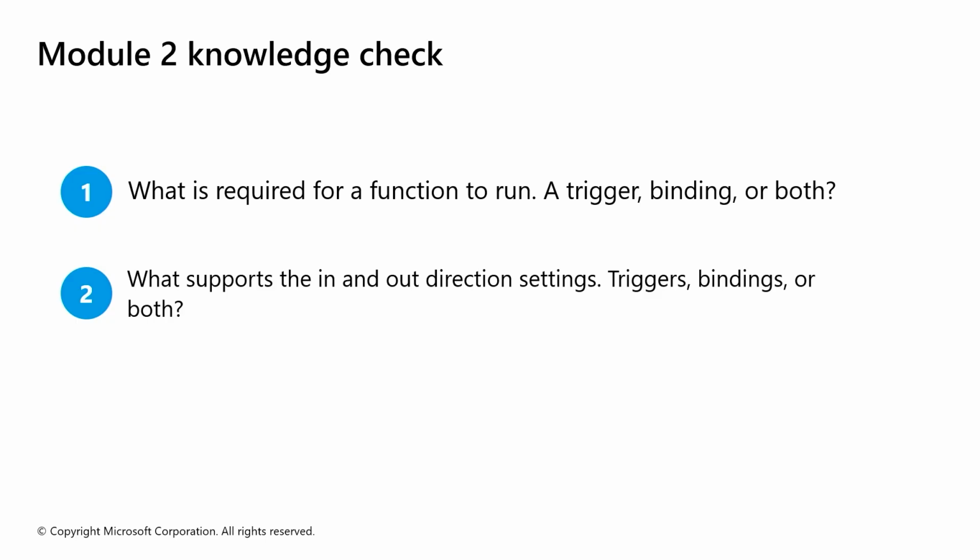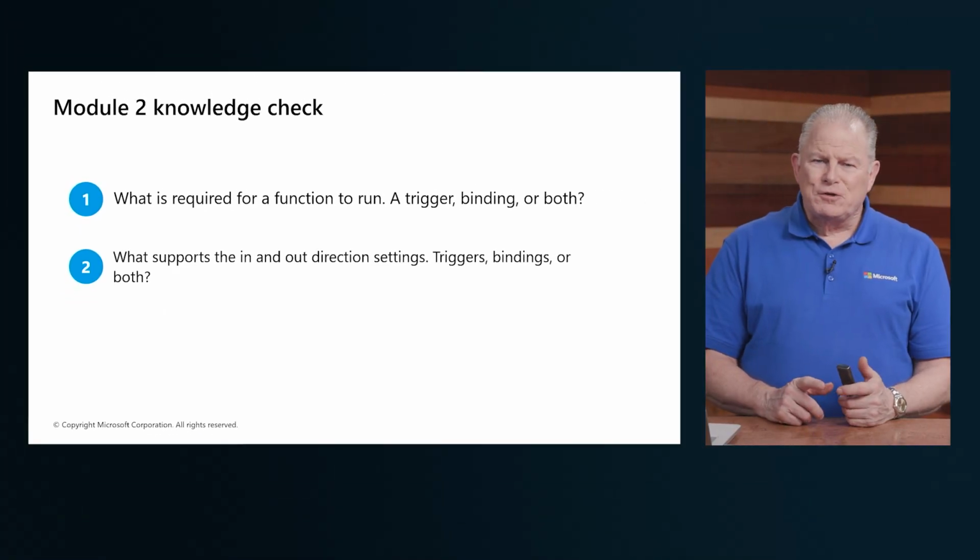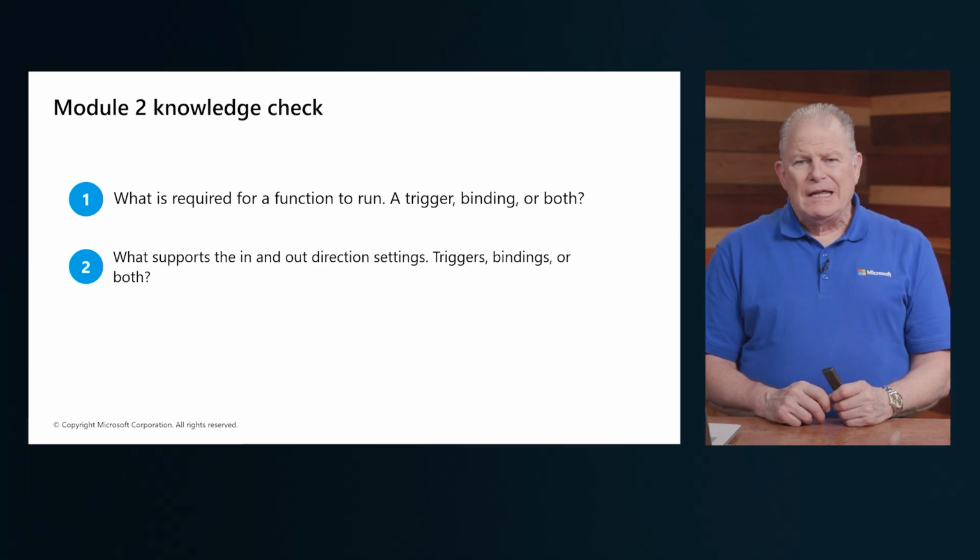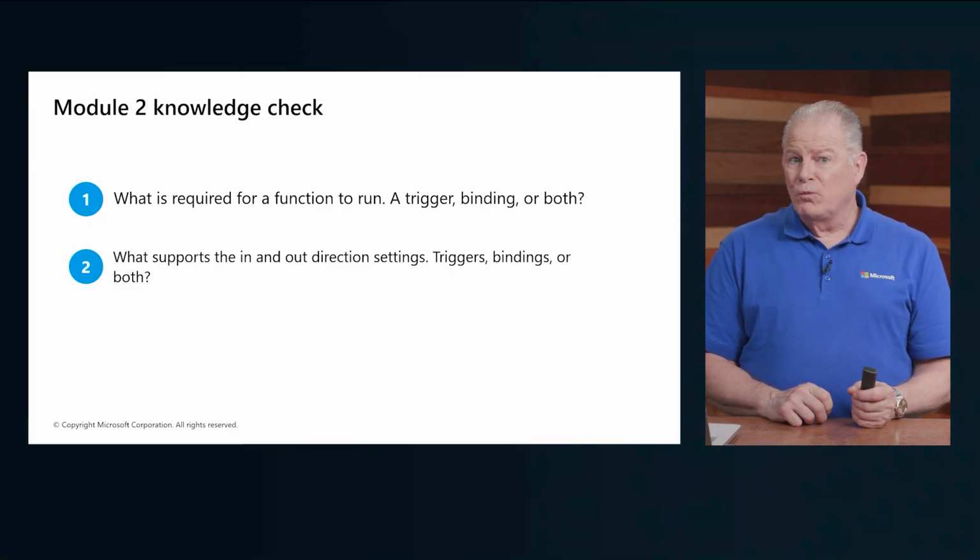So question number 1, what is required for an Azure function to run? A trigger, a binding, or both? You can pause the screen if you want for a second. Now, this is a bit of a tricky question, I think, because you need a trigger to run it.